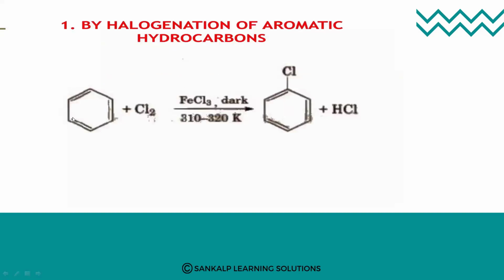So how you can do it? You have taken a benzene. Then you have reacted it with chlorine, Cl2, in the presence of FeCl3 and in dark condition. So this reaction is taking place in the dark, and at a temperature of 310 to 320 Kelvin, you will obtain chlorobenzene, and HCl is the byproduct.